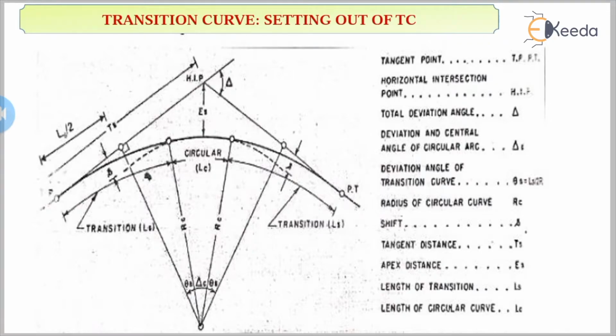Delta C is for the circular curve, and theta A and theta B are for transition length 1 and transition length 2, which sum up to the total deflection angle, that is delta C for circular plus theta A and theta B. So this is a typical layout of setting of the transition curve.